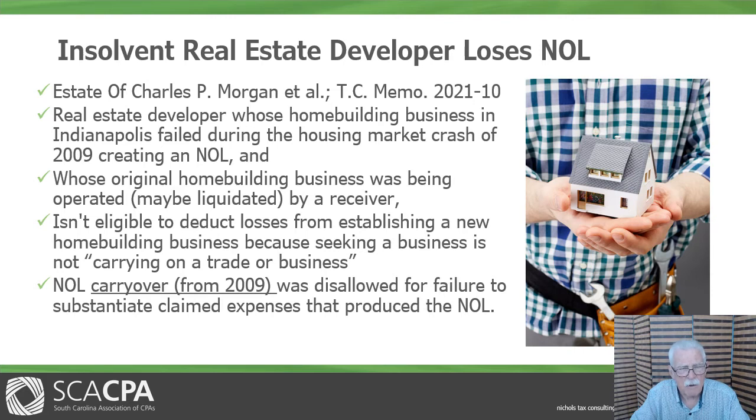Another area where they were not wrong, by the way, the estate of Charles P. Morgan tried to claim an NOL carryover from 2009. The NOL was established in 2009. It was reported on the tax returns, but never used. There was no income to use. Now there's income, and we need to use that NOL carryover.